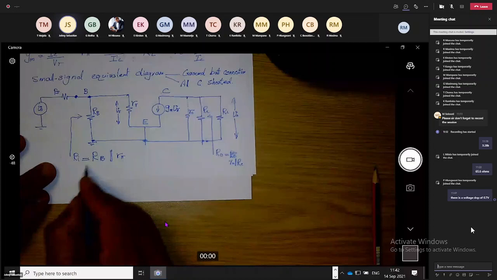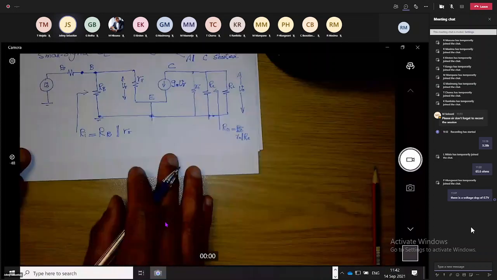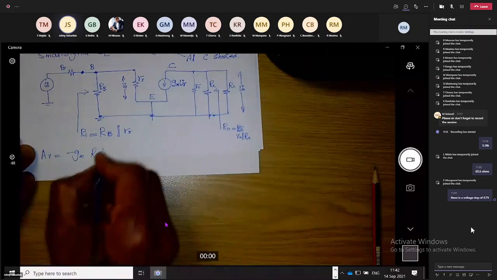Once you get up to here, then basically AV is minus GM RL prime. We did not work out RL prime.